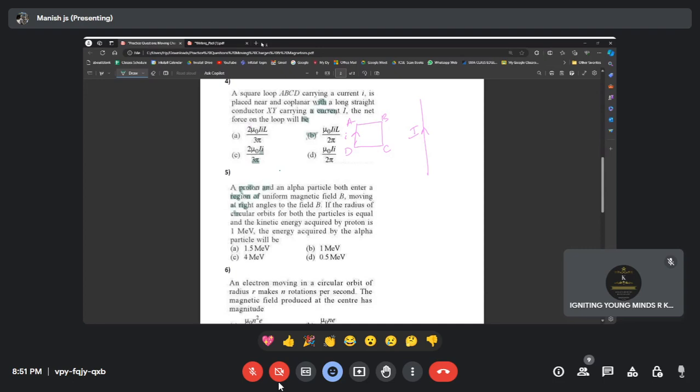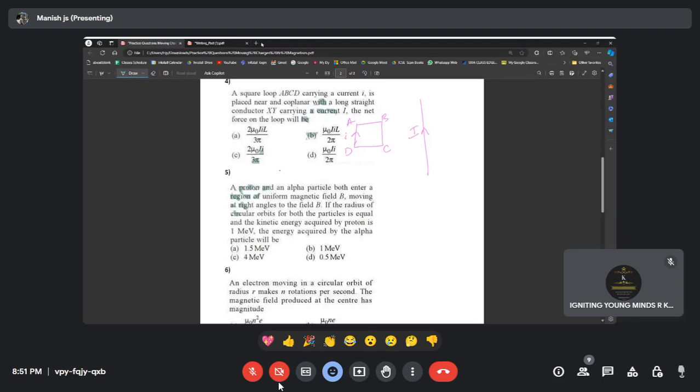Sir, force on a small conductor carrying current due to an infinite large current carrying conductor. Okay, due to an infinite large current carrying conductor. So what is the relationship formula?